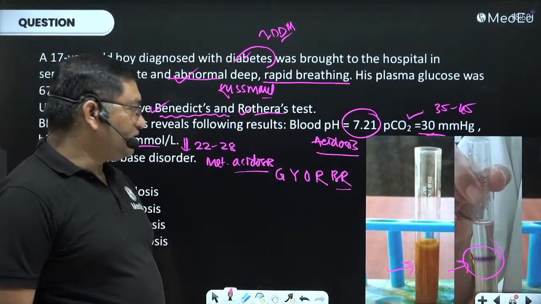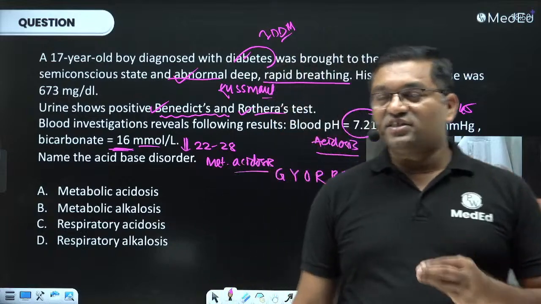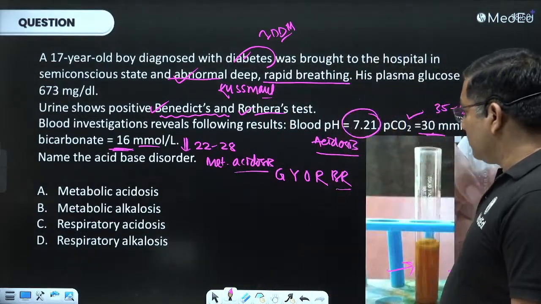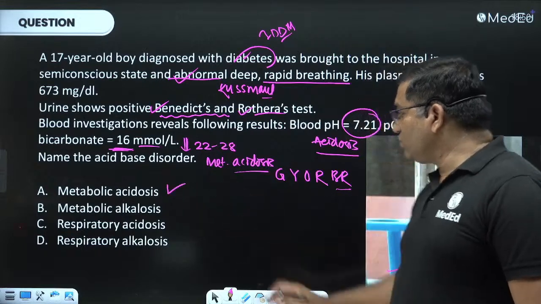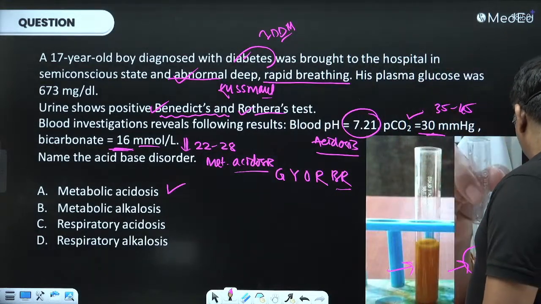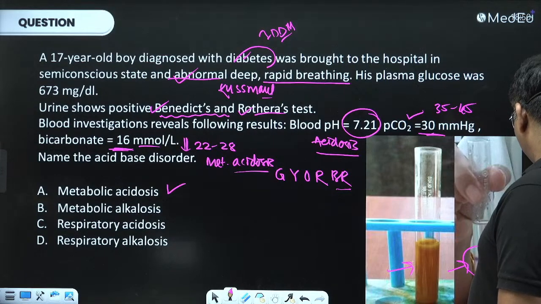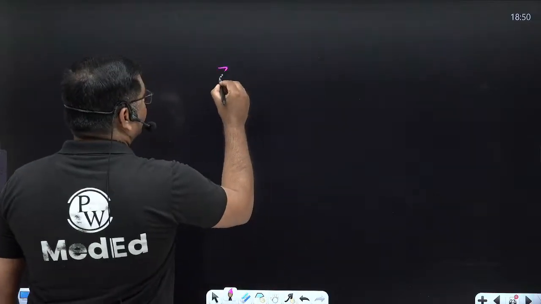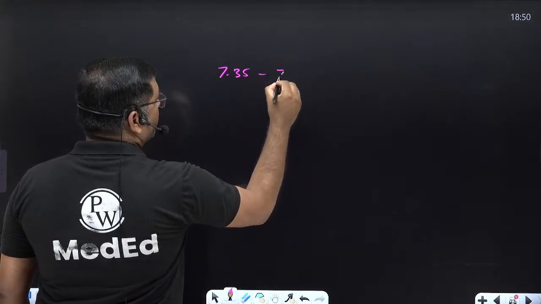Now how to diagnose an acid base disorder? So here the answer is metabolic acidosis with compensation. See, the normal pH is 7.35 to 7.45.